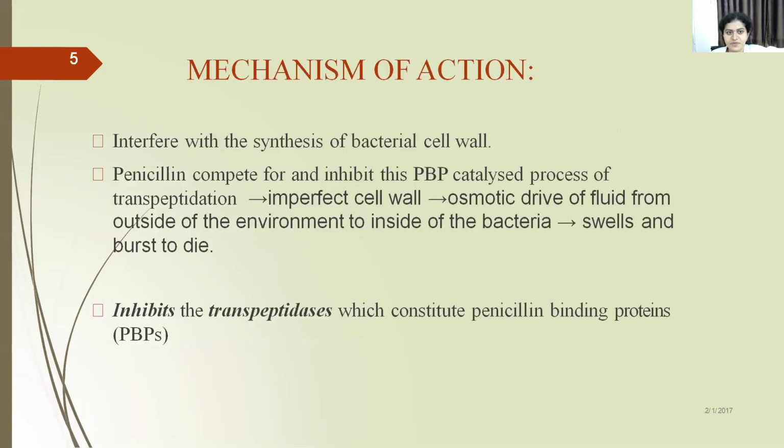So remember, the mechanism of action of penicillin is that it interferes with the synthesis of the bacterial cell wall. How does it interfere with the synthesis of the bacterial cell wall? It competes for and inhibits the penicillin binding protein catalyzed process of transpeptidation.